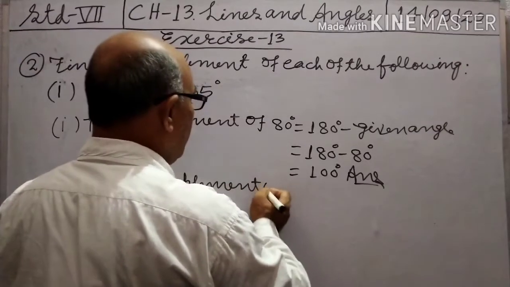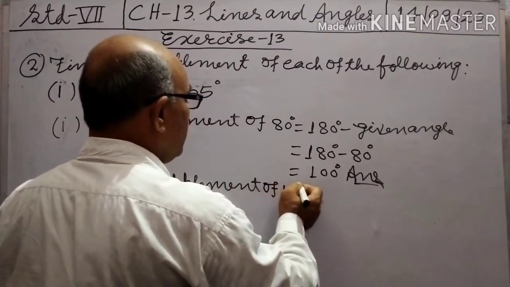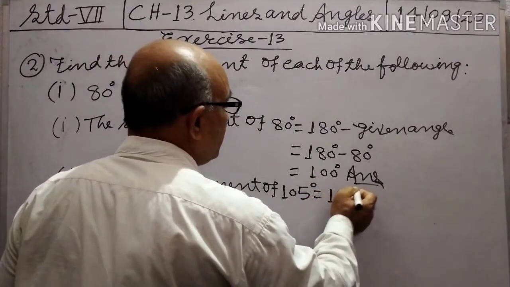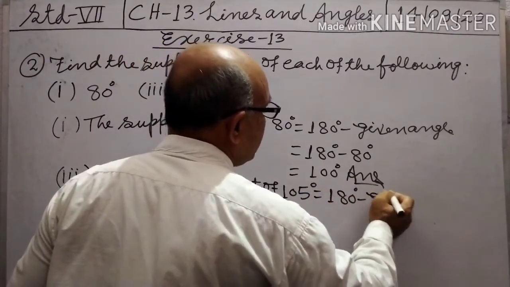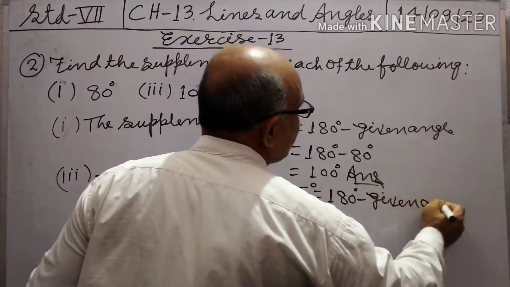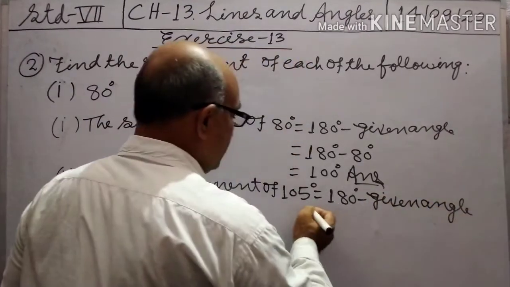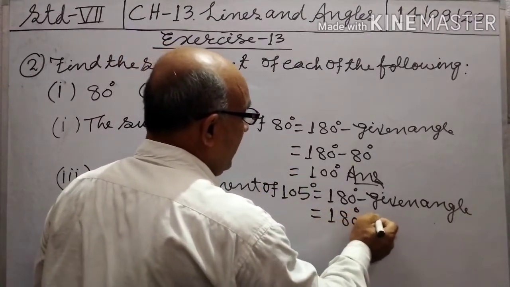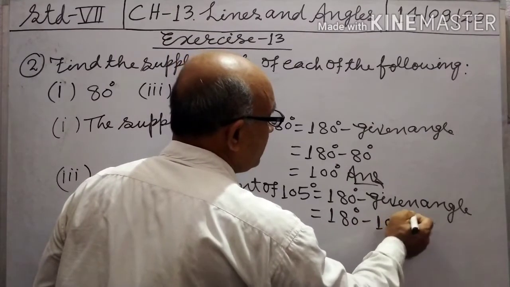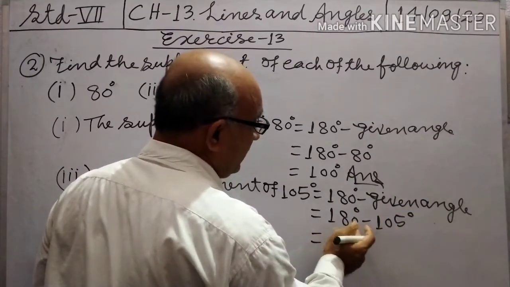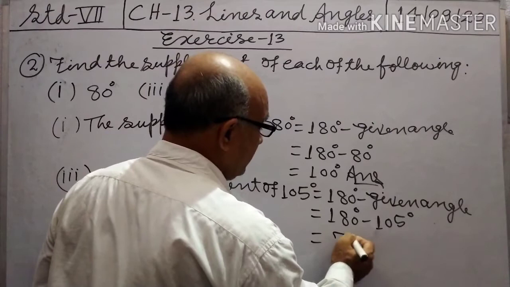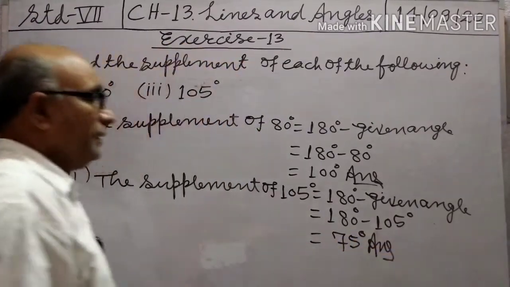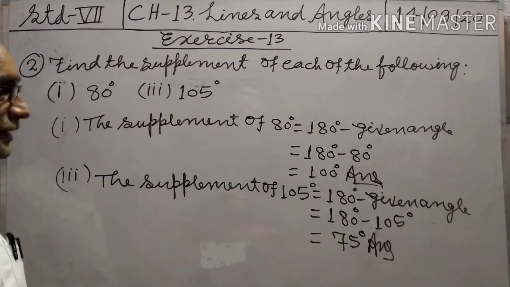The supplement of 105 degree equal to 180 degree minus given angle equal to 180 degree minus given angle, which is 105 degree. Subtract here, 75 degree. Answer. Students, understand and write it.